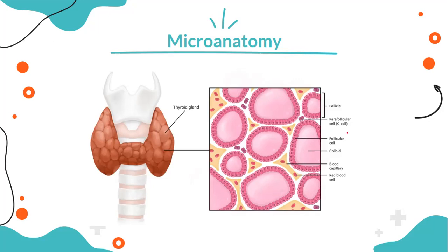Does anybody know what kind of hormone this parafollicular or C cell produces? It actually produces calcitonin, related to the metabolism of calcium and phosphorus.